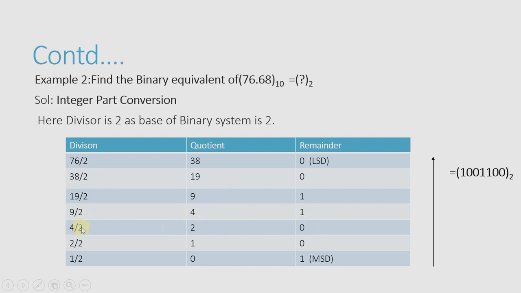Pick 4 divided by 2, the quotient is 2 and the remainder is 0. Pick up the quotient 2 divided by 2, we get the quotient 1 and the remainder 0. Again pick the quotient 1 and divide it by 2, now we get the quotient 0 and the remainder 1. Since we get the quotient 0, we stop our calculations here.